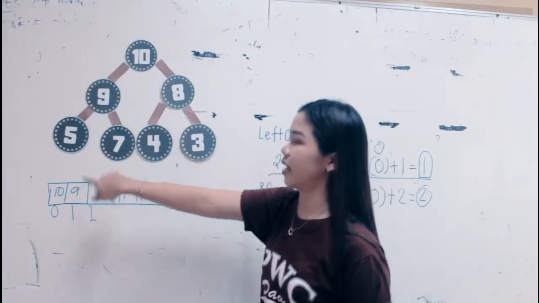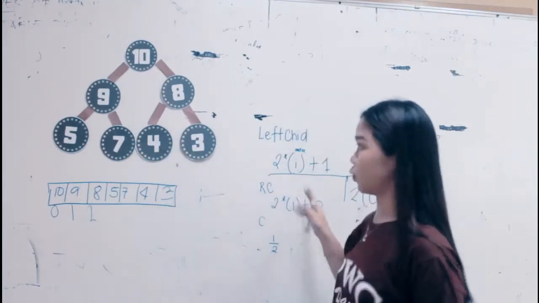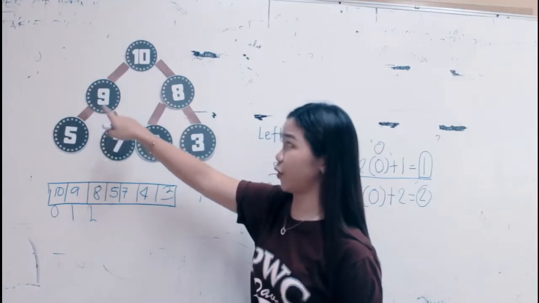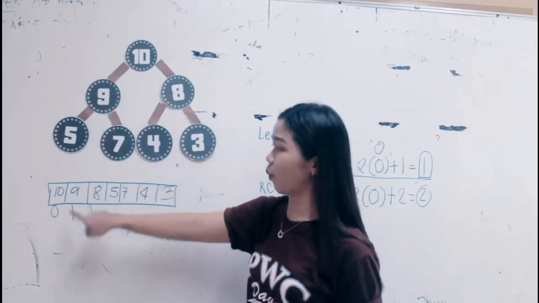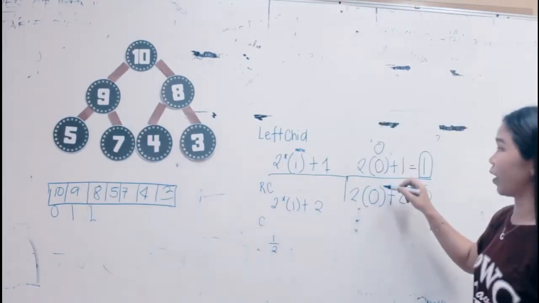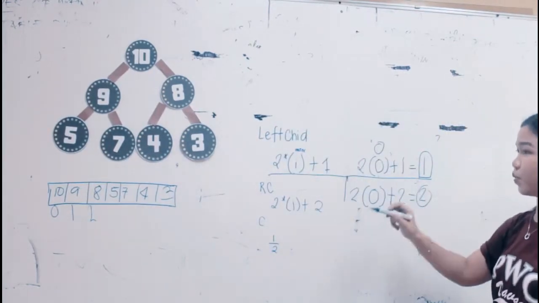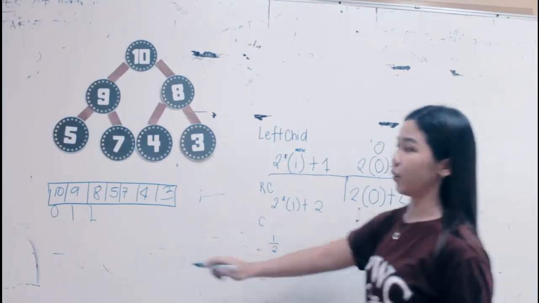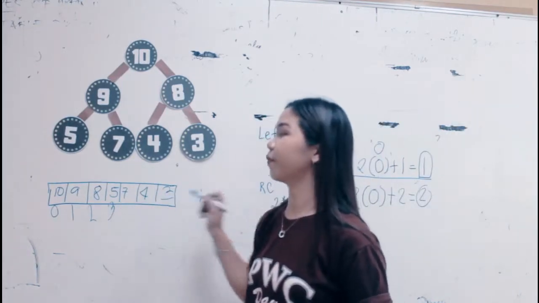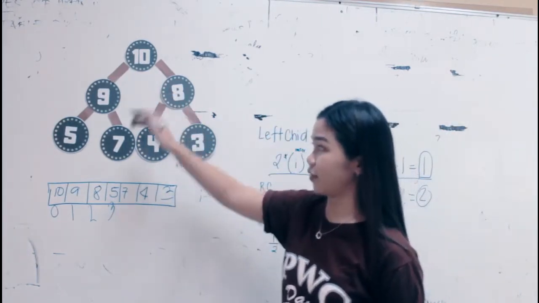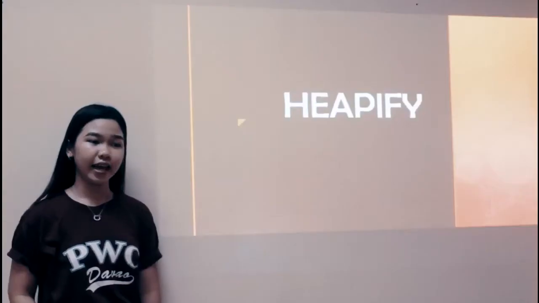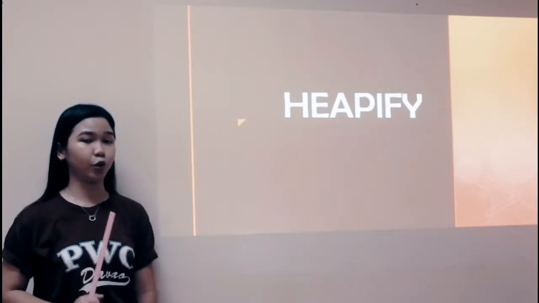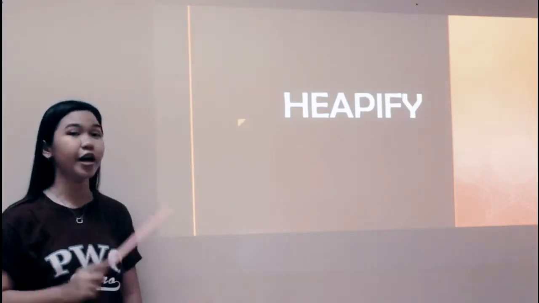This formula can also be used with other nodes. If you're going to find the left child of index number 1, you substitute 1 here. So 2 times 1 is 2, plus 1 is 3. So the left child of 9 will be 5.